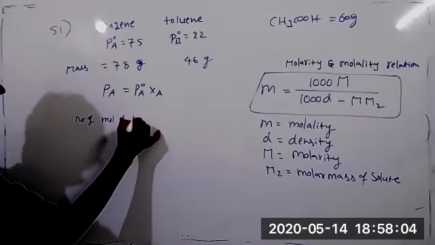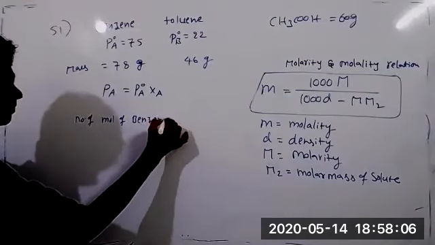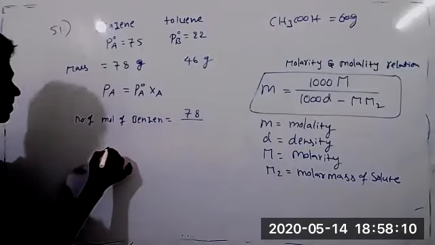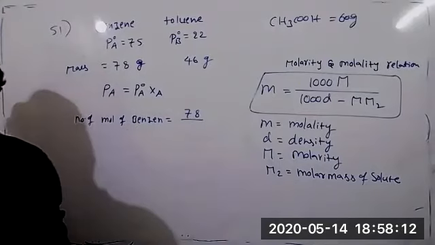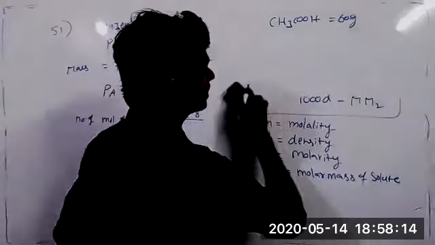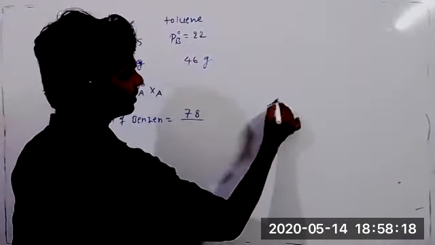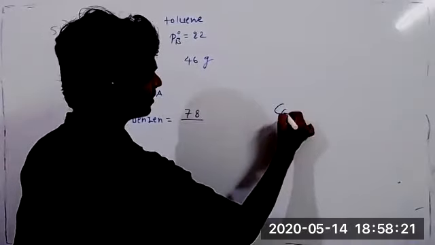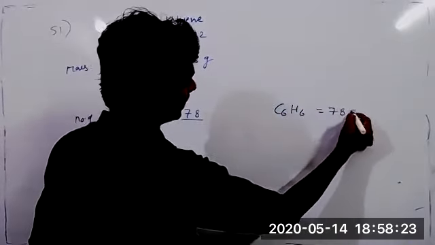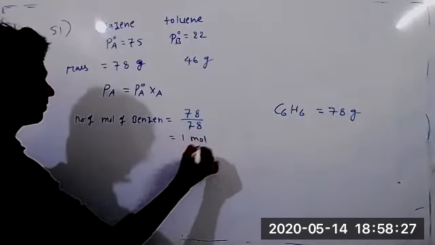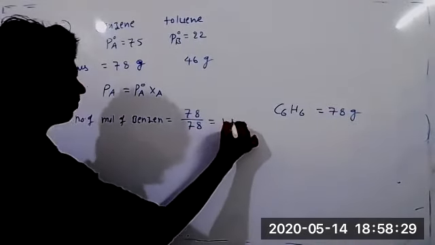Number of moles of benzene is equal to the given mass, 78, divided by the molar mass of benzene. Benzene is C6H6, so 78 grams. So 1 mole.